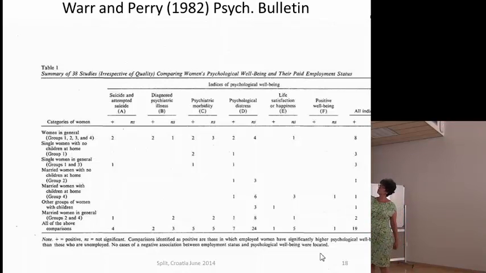Note on the bottom, plus equals positive, NS equals non-significant, and they explain that correlations identified as positive are those in which employed women have significantly higher psychological well-being than those who are unemployed. No cases of a negative association between employment status and psychological well-being were located. So if you're a working woman, you have higher well-being, and you should relax when people tell you it's not good for your kids.